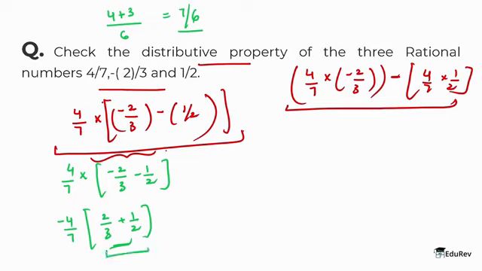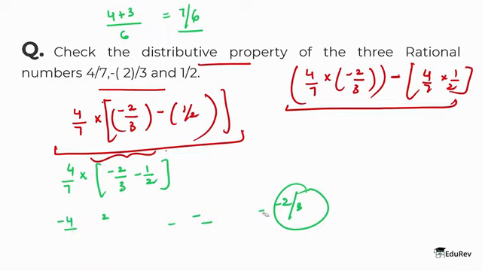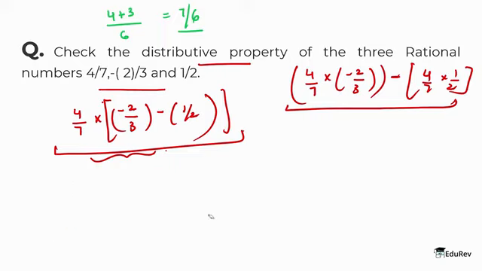So this is minus 4 by 7 into 7 by 6. The 7s cancel, and if I reduce by 2, my answer is negative of 2 by 3. So I'm going to erase all the calculation and write the answer only here. The answer of this equation is minus 2 by 3.